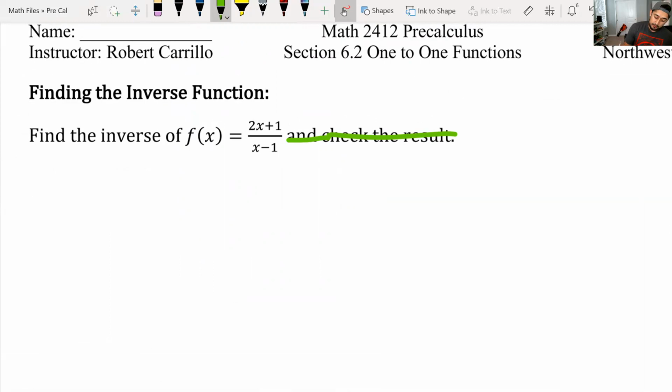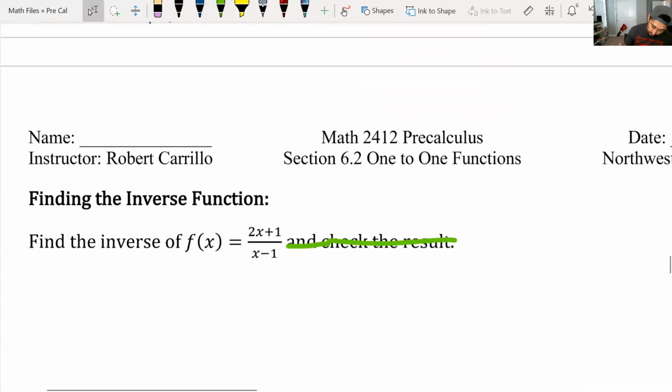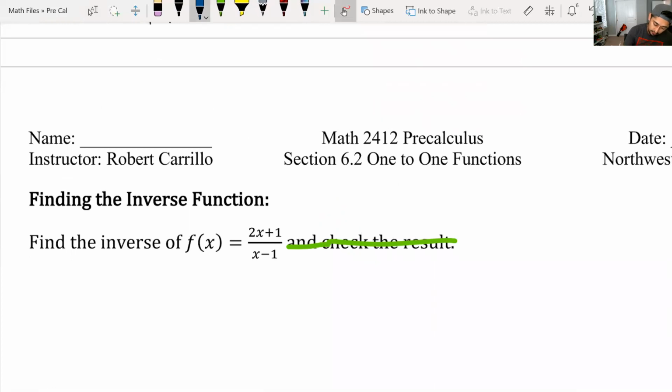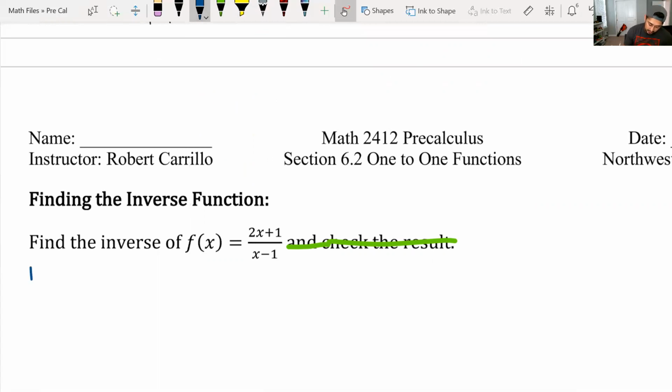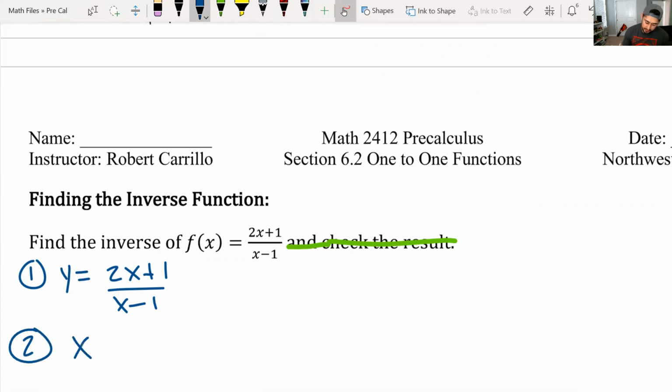Okay, so find the inverse of this given function. So number 1, I'm gonna rewrite it as, so step 1, y equals 2x plus 1 over x minus 1. Step 2, interchange, make it x equals 2y plus 1 over y minus 1.